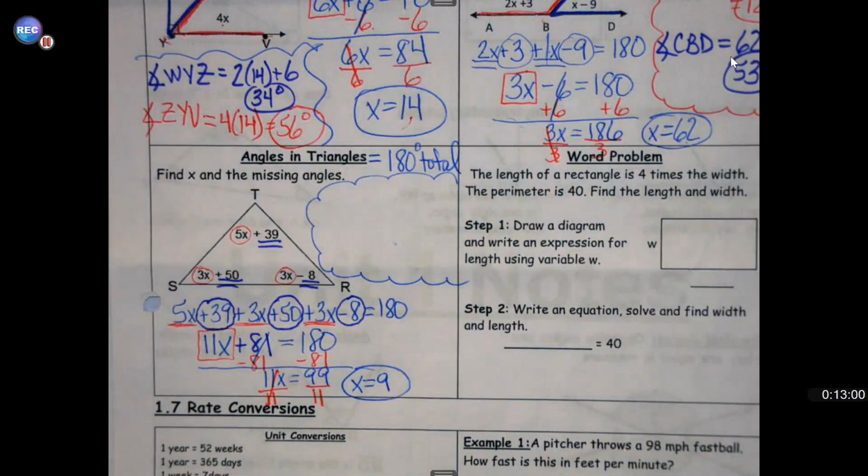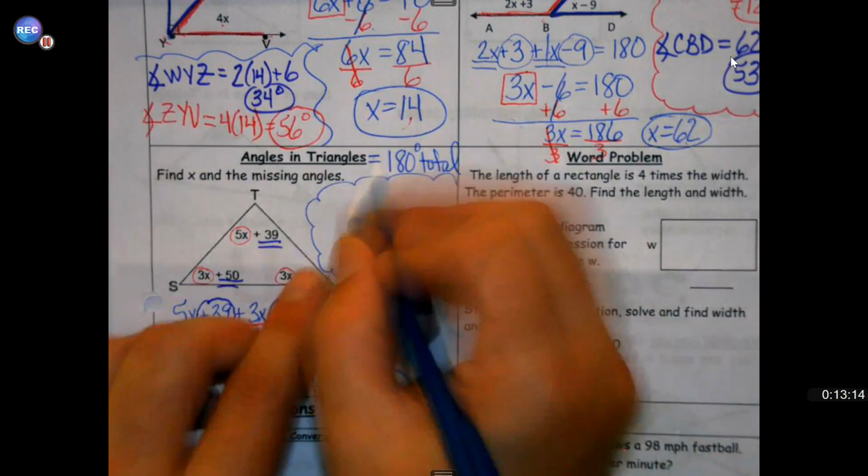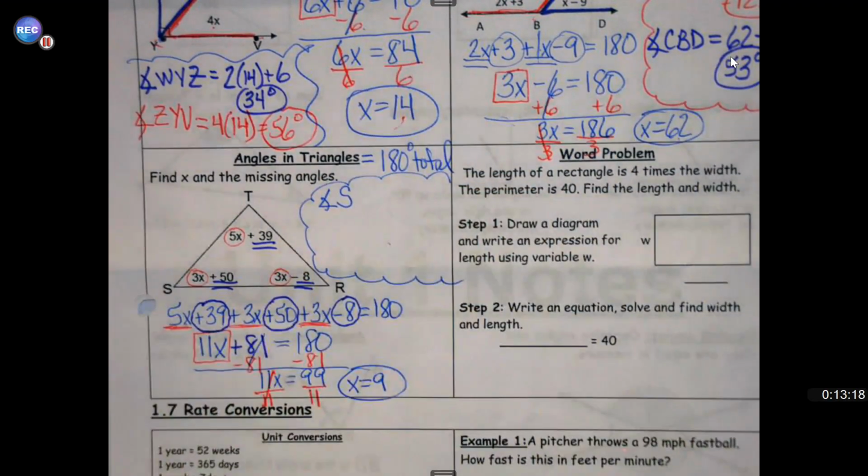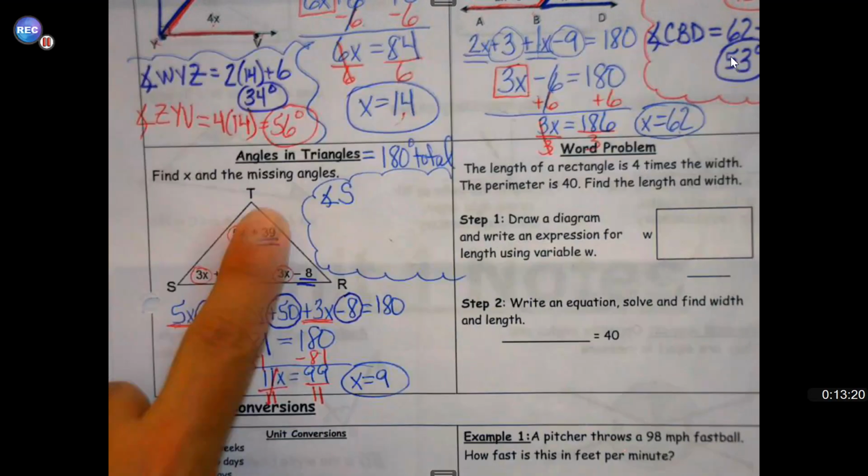So, when you have a triangle, you're not going to be expected to use 3 letters like you do in the regular angles to mark things. I mean, you could, but you don't need to. So, for instance, here, if I say, okay, I'm just going to call this angle S, because there's only one angle going here, so we can do that.